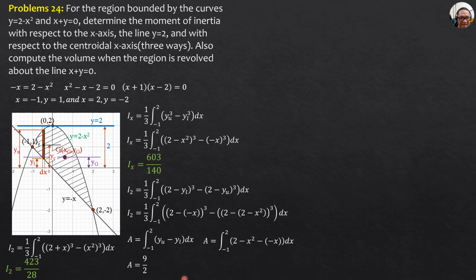So integral of the moment of this element of this component, and this component has an area y upper minus y lower dx, and its centroidal coordinate is simply, because it is a vertical strip, its distance from the y-axis is simply x.